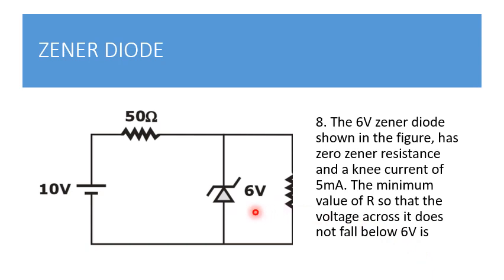We all know that a Zener acts as a voltage regulator. The current flowing through the Zener is 5 milliamps and it is 6 volt. So now you need to find the current as well as the value of resistance R. Now we'll see how to do it.